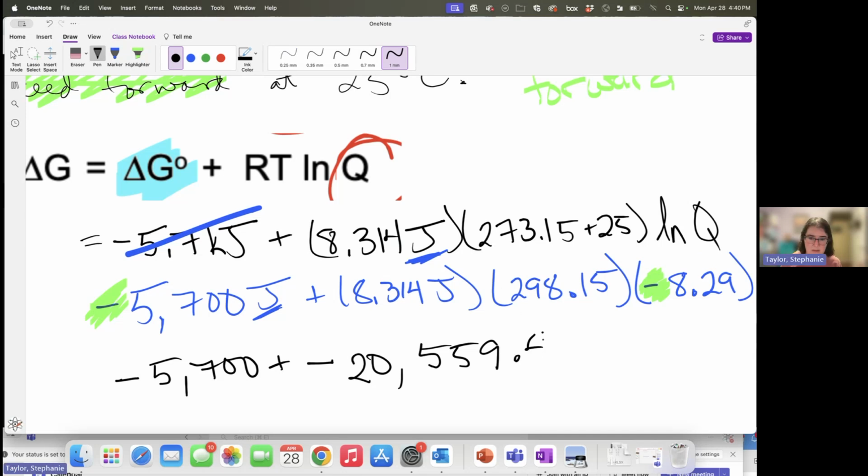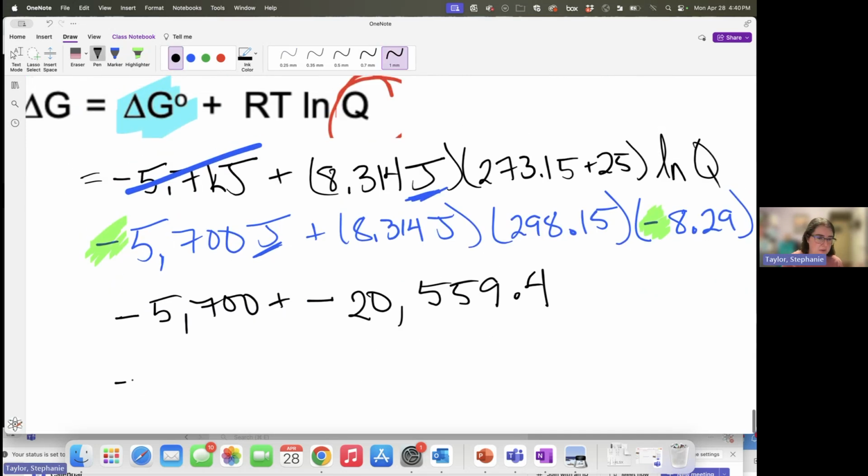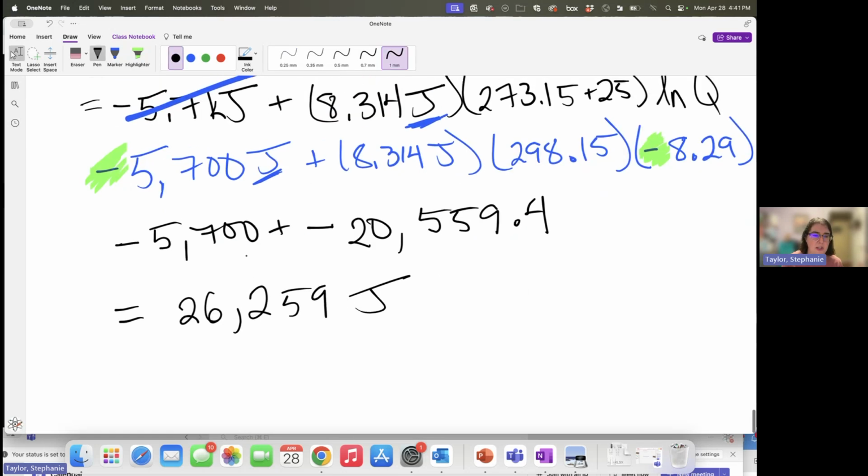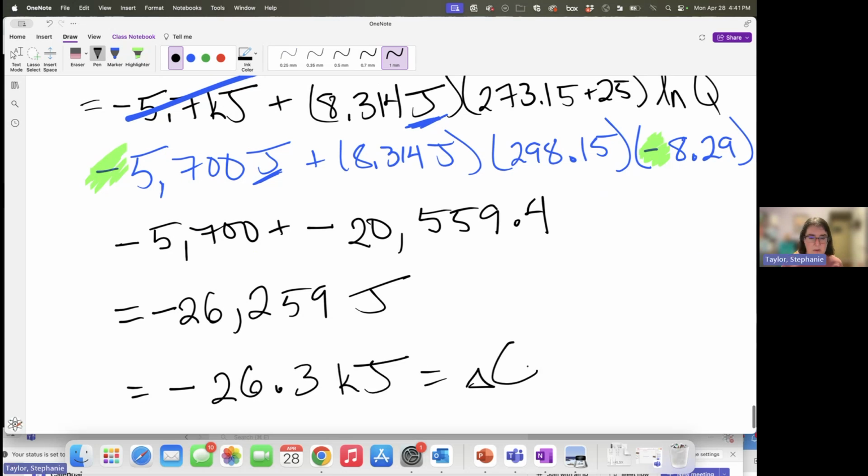Yep, that looks good. So a final answer for my value of delta G is negative 26,259. That is in joules. So we could also change this to perhaps the more reasonable negative 26.3 kilojoules is equal to my value of delta G.